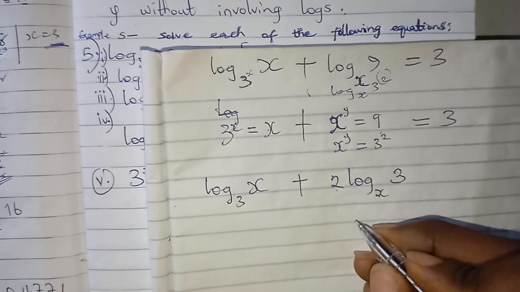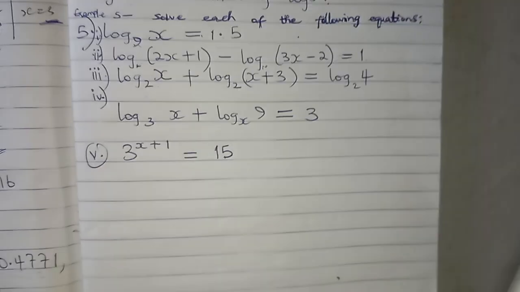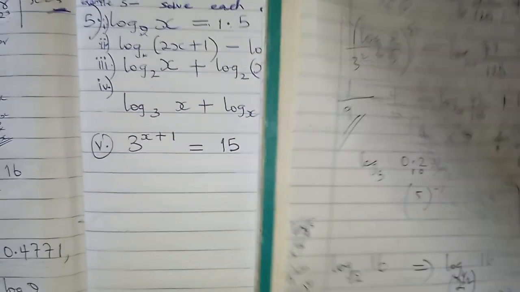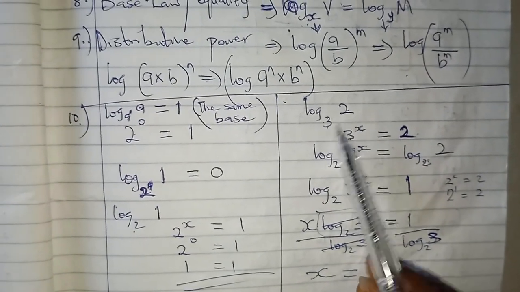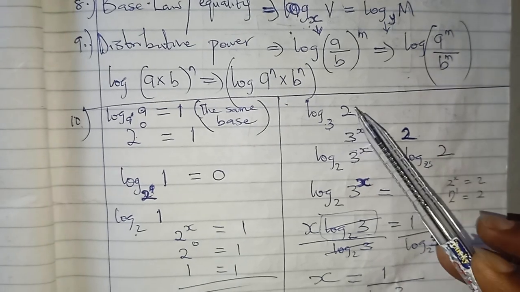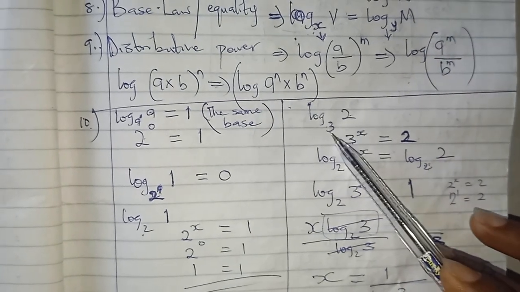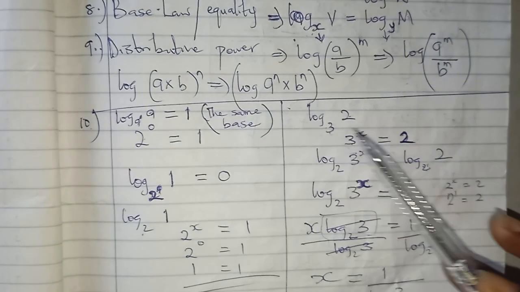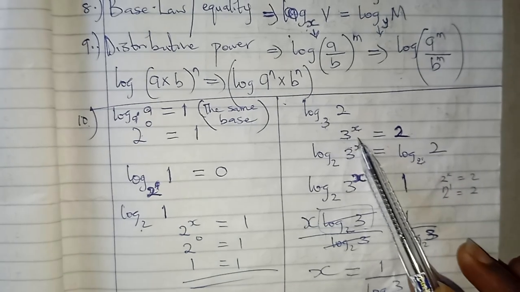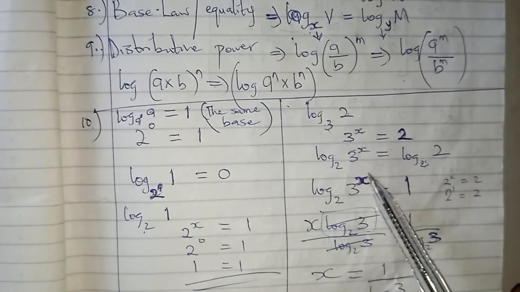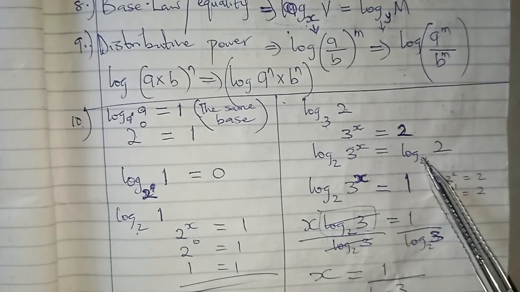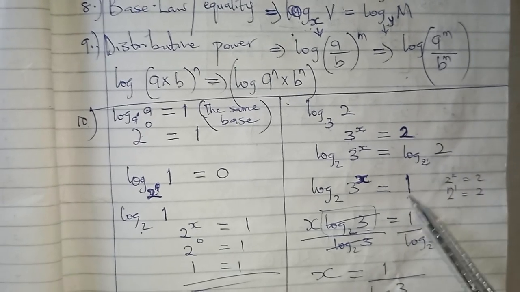So I can remember that there is a law that we proved when we were doing this. We said that if I have log 2 to base 3, because they have nothing in common, I can choose to introduce this log so that this becomes 1.